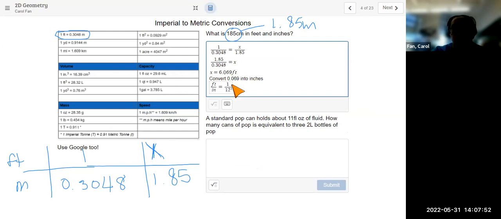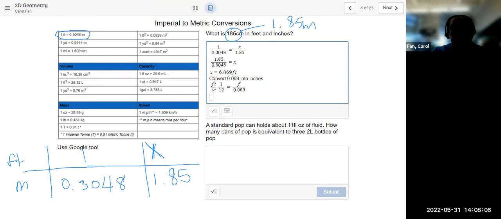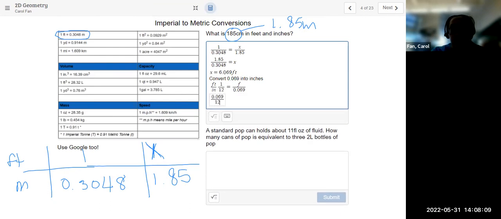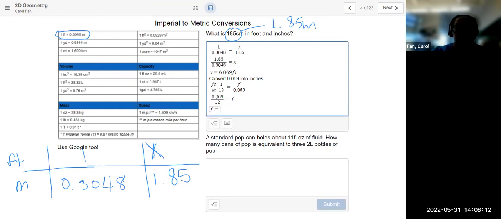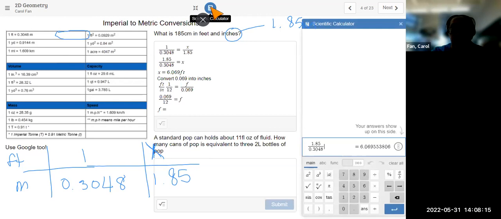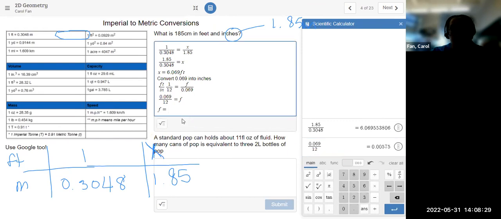So I have 1 foot is 12 inches. Now I want to know how many feet for 0.069. 0.069 divided by 12 is equal to F. So it's not even 1 inch. Pretty much we are just at 6 feet.